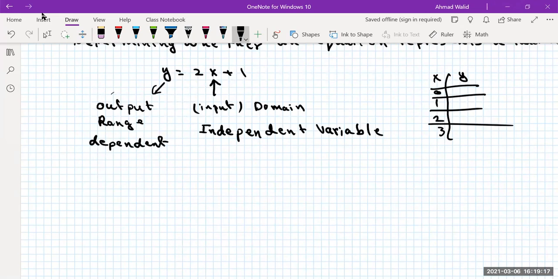Because whatever the value of X is, and you plug this value in, for example, if I plug in 0 here, the value of Y is actually dependent on the value of X. It's changing based on the change in X. Correct? That's why we call it what? Dependent.